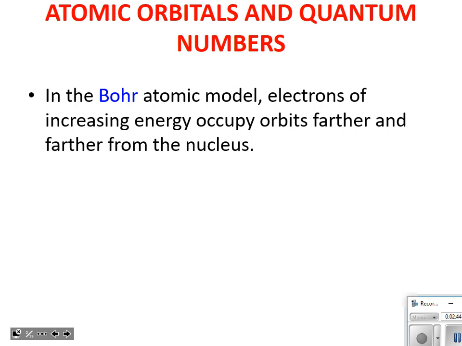So, in the Bohr model, electrons of increasing energy occupy orbitals farther and farther away from the nucleus. So in terms of electrons with energy, the ones up close to the nucleus have the lowest energies. The ones furthest away from the nucleus have the highest energies.